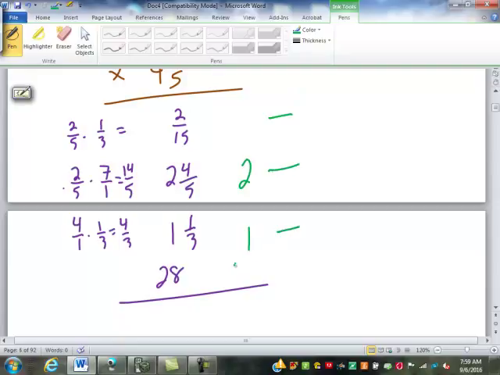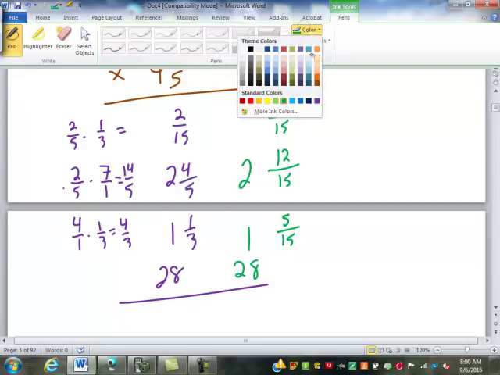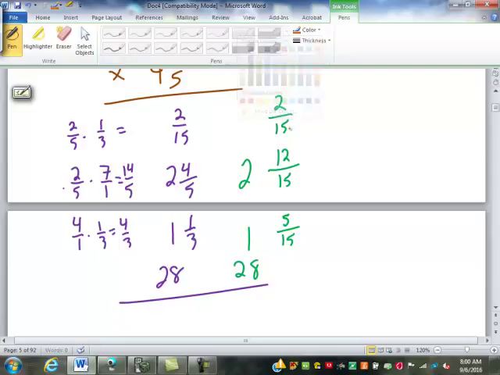I need to find the common denominator for all of them, and it appears to be 15. So the 2/15 isn't going to change. 4/5 becomes 12/15. 1/3 becomes 5/15. And then we have 2 and 12 makes 14, plus 5 is 19/15. So that's 1 4/15.